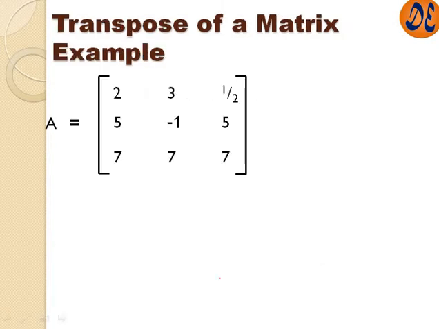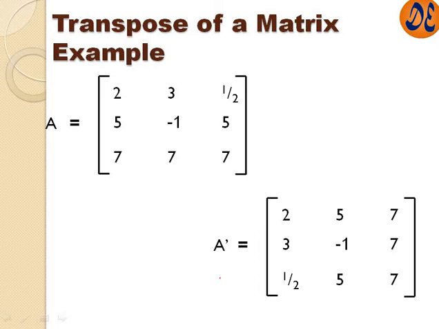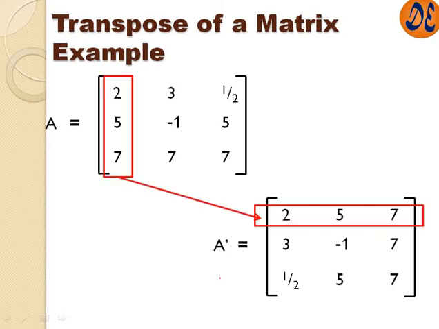Suppose this A is a matrix which is 3 into 3. So if we transpose it, it becomes like that. Now see what has happened. What are the things that we have done? You can see that the first column has become the first row.